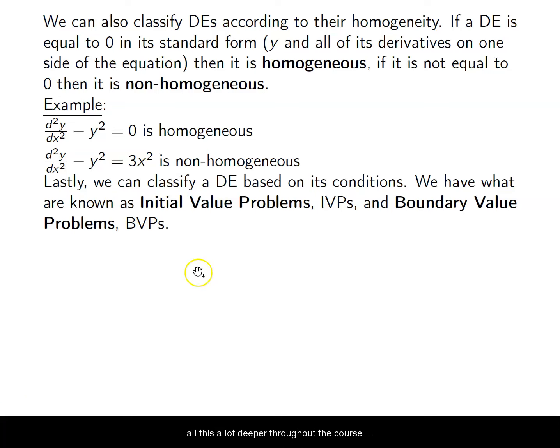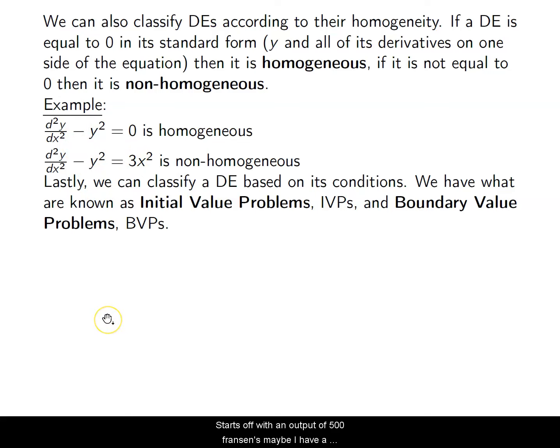Now we'll get into all this a lot deeper throughout the course, obviously, but I'll give you a quick example of what this means. So initial values make sense, right? Maybe I have a solution to a DE and I require that my function starts off with an output of 5.